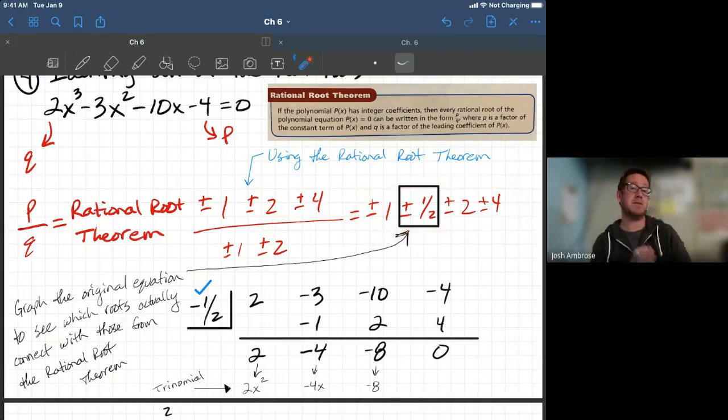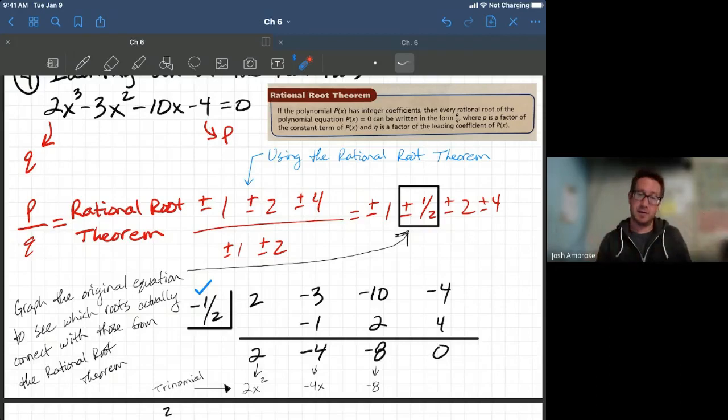When you graph this, you're going to look for where the graph crosses the x-axis, and it will be one of these numbers. It's not going to be all of these numbers. The rational root theorem tells us one of these does work. Now you need to determine which one it actually is. It could be more than one, but it will not be all of them.